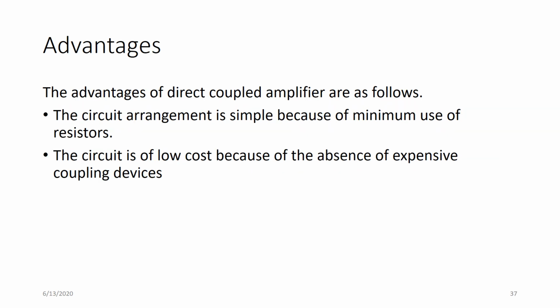Advantages of direct coupled amplifier are very few. Circuit arrangement is simple because of minimum use of resistors. Circuit cost is also low because of absence of expensive coupling devices.